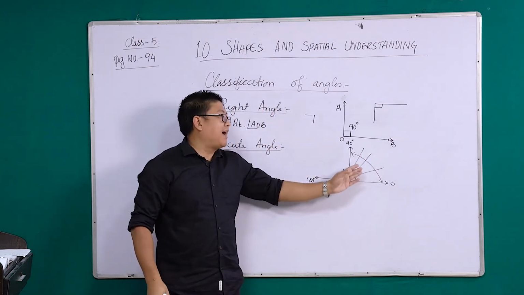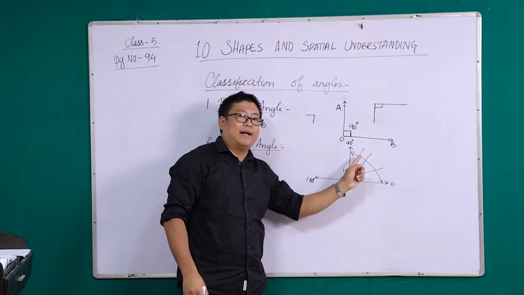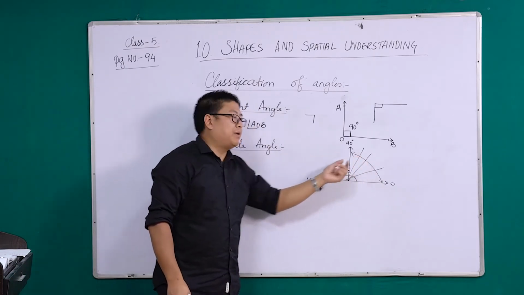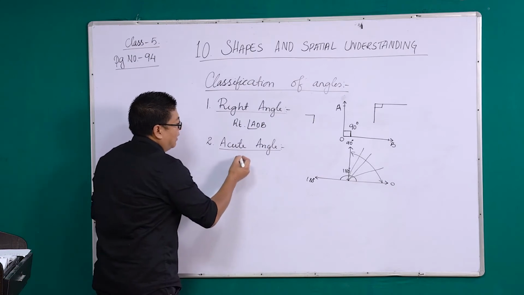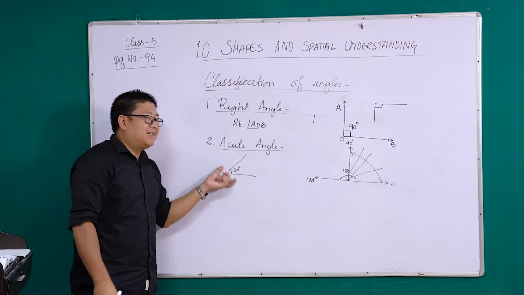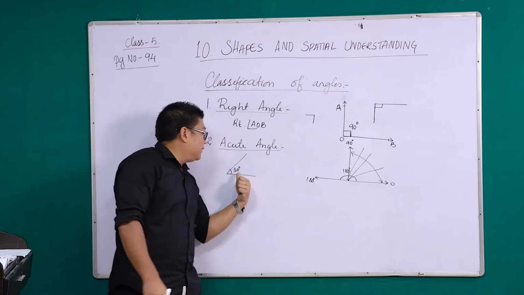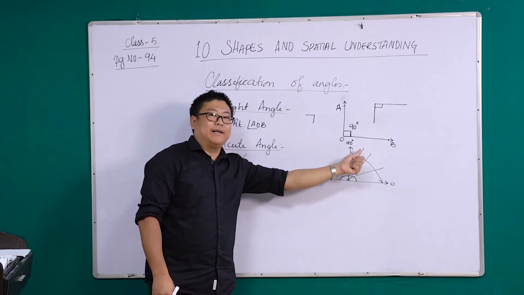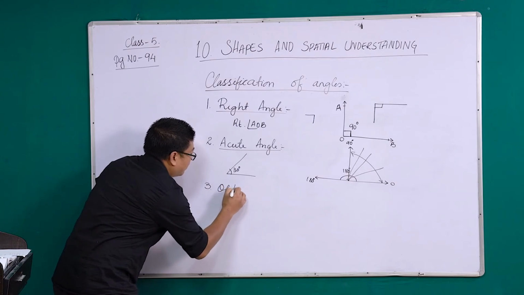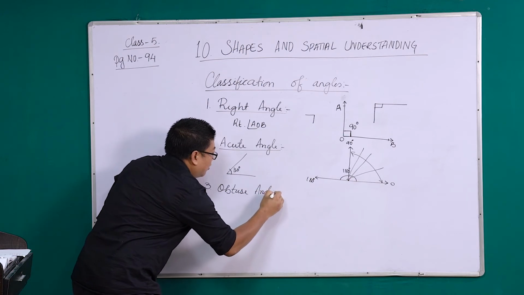Any angle which lies between 0 and 90, that means from 1 to 89 degrees, any angle that is formed is called an acute angle. Meaning, I can have something like this. Let's say this is 30 degrees. So this 30 degree angle is nothing but an acute angle because the degree is less than 90 degrees. Okay? Similarly, the next one is called an obtuse angle.